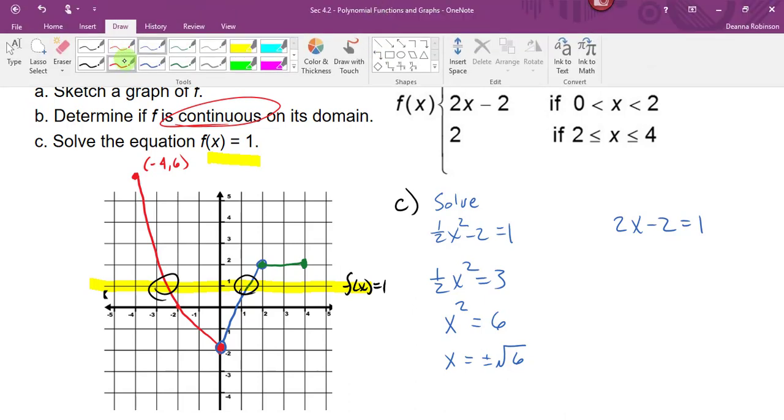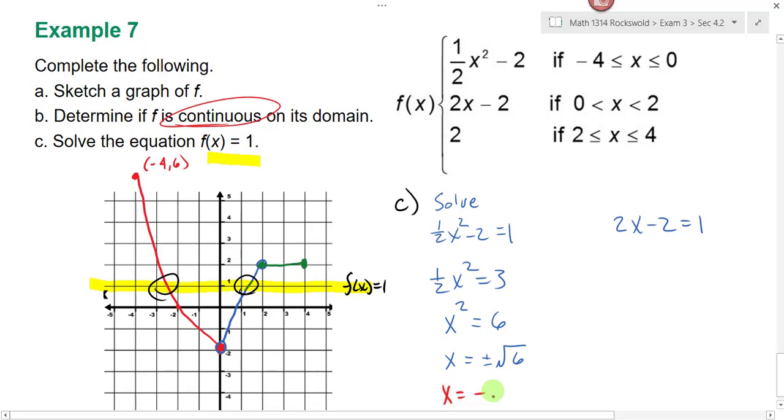So here I end up with x equals negative square root of 6. When I solve this equation, I add 2 to both sides, and I get 2x equals 3. When I divide both sides by 2, I get x is equal to 3/2. So my two solutions here are x equals negative square root of 6 and x equals 3/2.